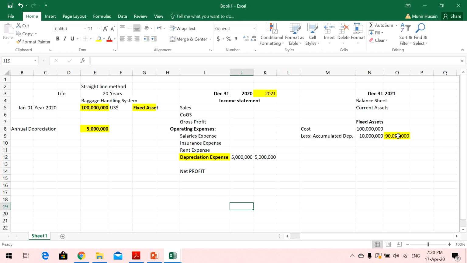This is what we call the book value of this asset, meaning in our accounting books this is the value.